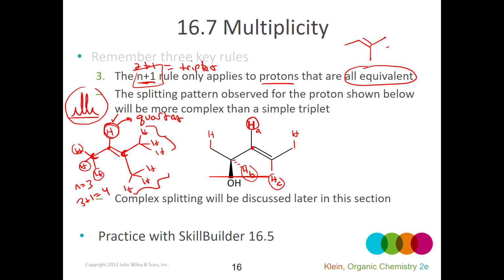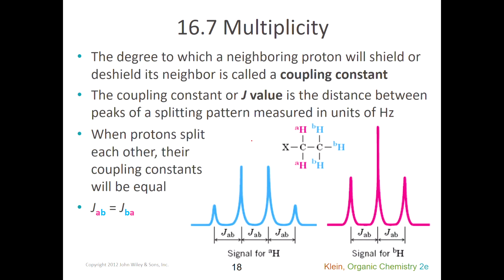because if hydrogen B is splitting hydrogen A, it might be splitting it with a different coupling constant than the coupling constant C is splitting A with. So let's talk about coupling constants, and then we'll go back and look at that. A coupling constant is simply a measurement of the distance between the split peaks.